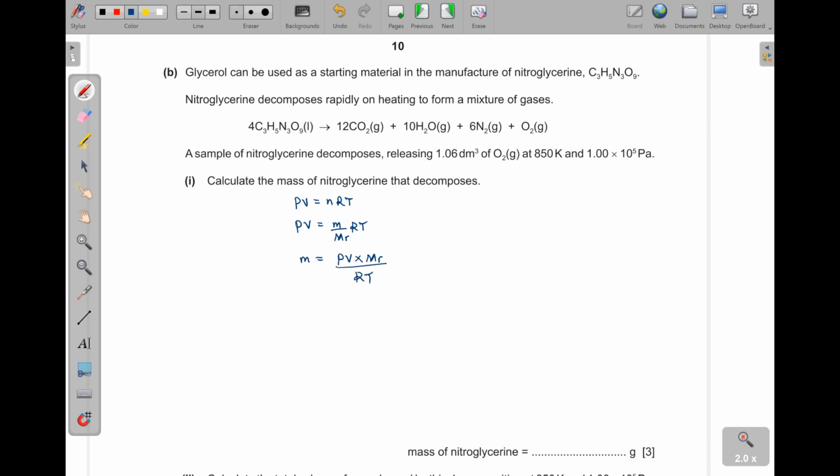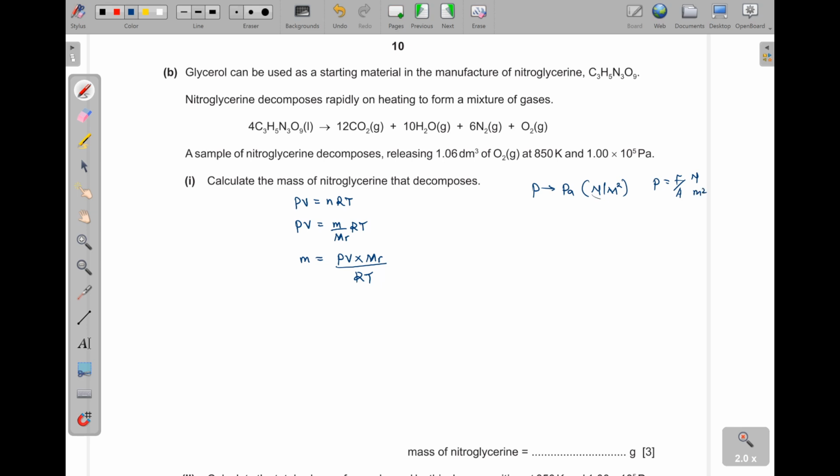Now when we are using this equation, pressure must be in pascals or Newton per meter squared. Remember, pressure is equal to force over area, and force is in newtons, area is in meters squared.